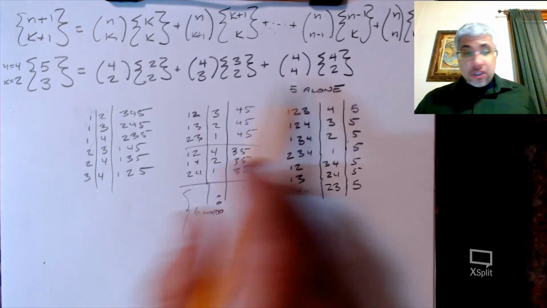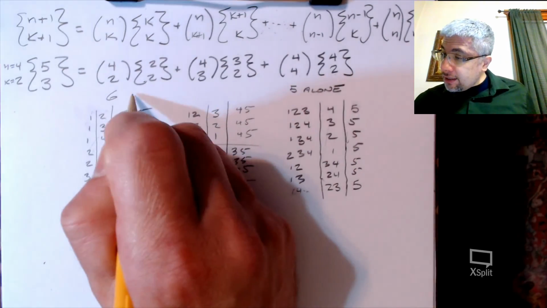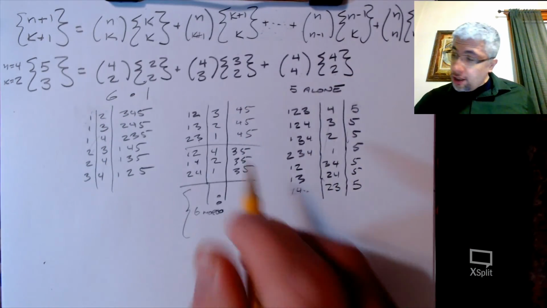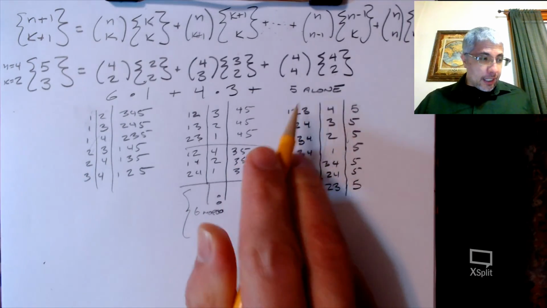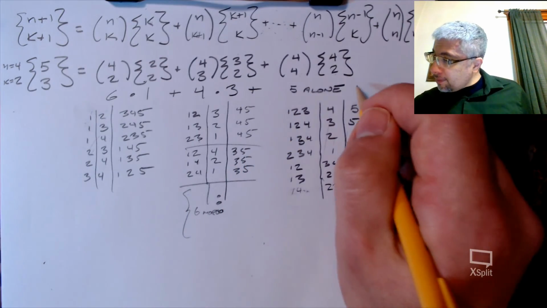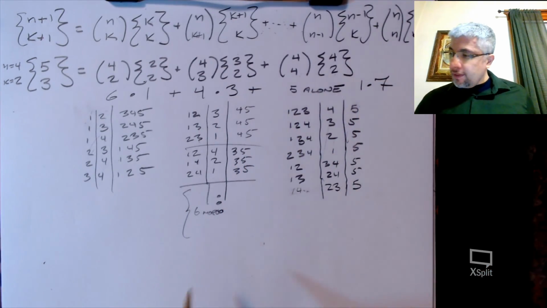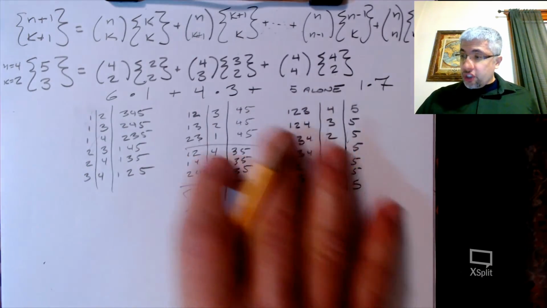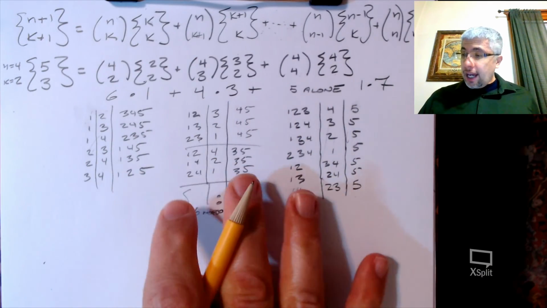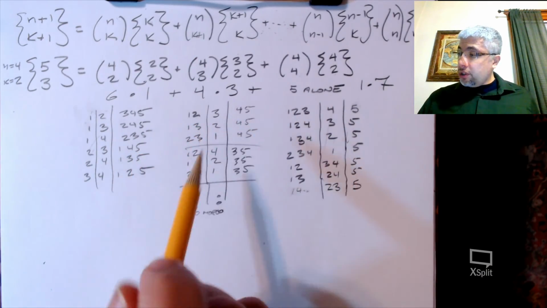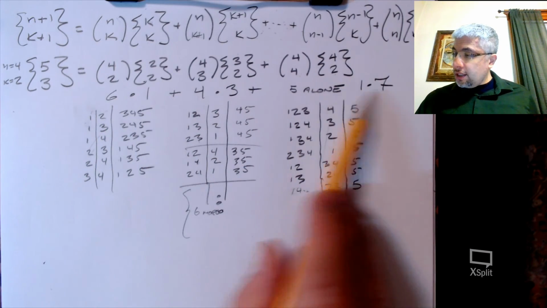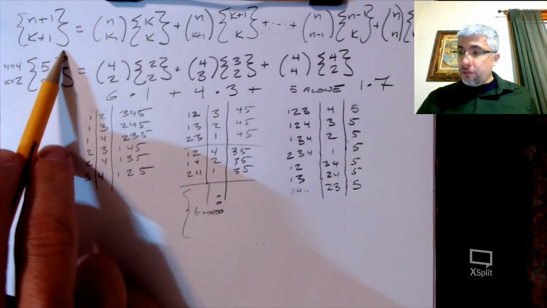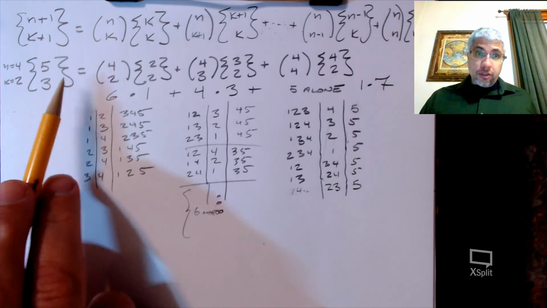And if you just look at the numbers here, I get a 6 times 1 here, plus 4 times 3 here, and here I just get the 1 times 7. And this does indeed add up to, this is the hard part, 6 plus 7, 13, plus 12, 25, which actually is this Stirling number.